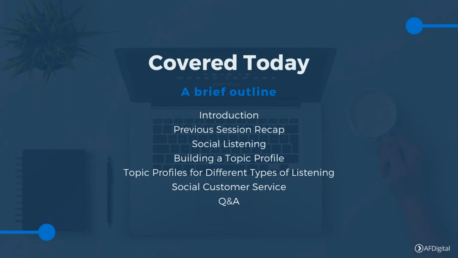Related to that is the next topic, which is all about the topic profile: how you can use the topic profile when it comes to social listening, and generally building a topic profile, what the steps are, and some general tips that I can show you when building and optimizing a topic profile. And then topic profiles for different types of listening. I'll be showing you some examples that I made for each type of listening that we have for social listening.